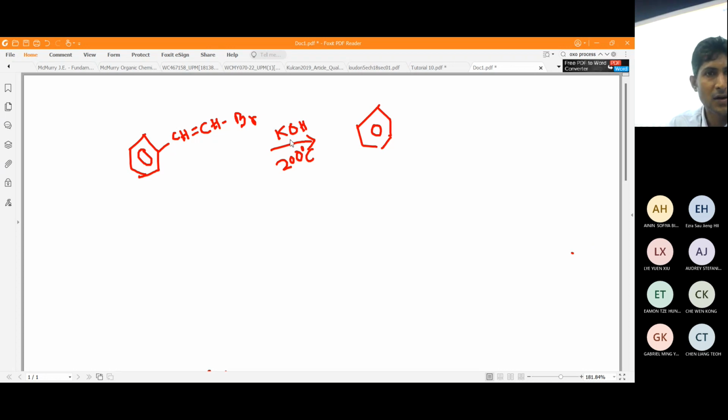I do not know if I can open a new page in PDF. Okay. Can anybody tell me what type of reaction is going to occur? I think the board is disturbing, right? I should turn it off.